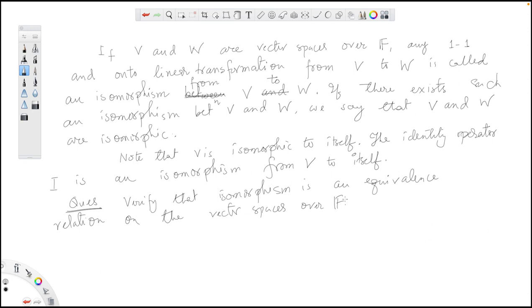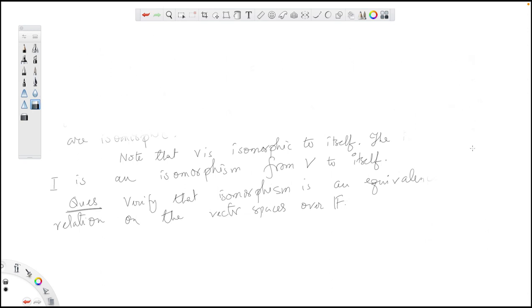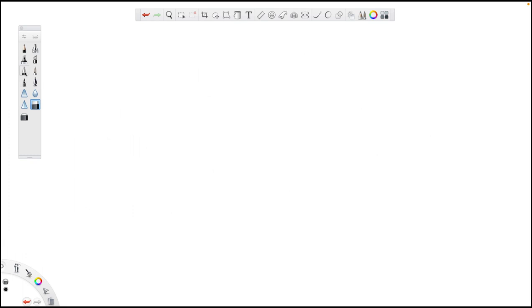Now we have our first theorem of this 8th lecture. Let me erase everything and state the theorem first, and then I'll sketch the proof. Every n-dimensional vector space over F is isomorphic to F to the n.